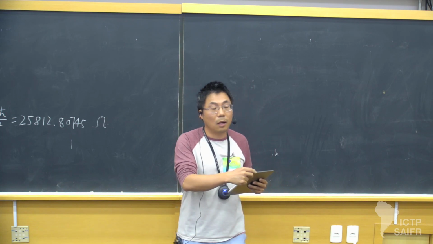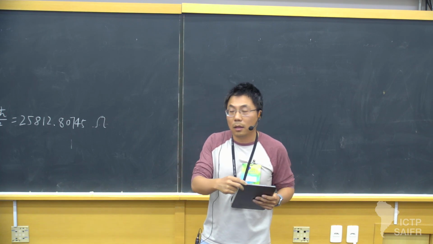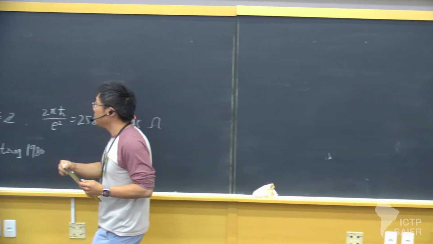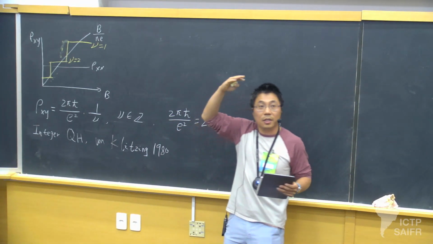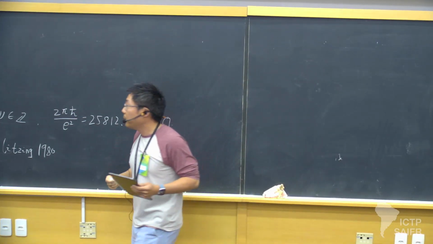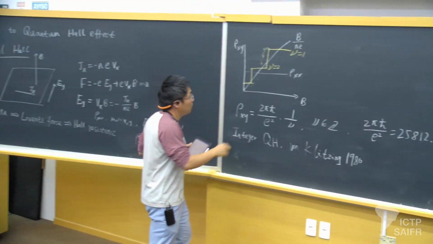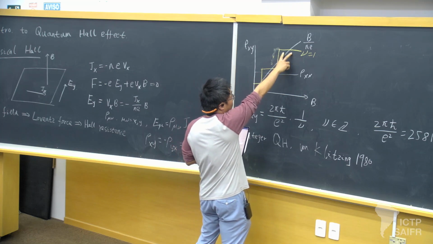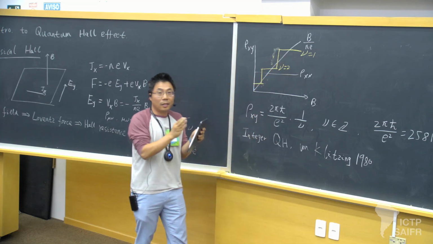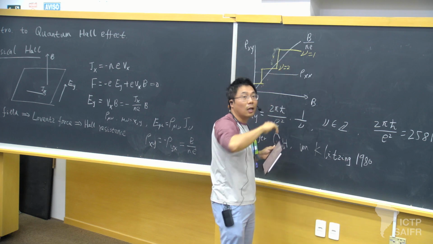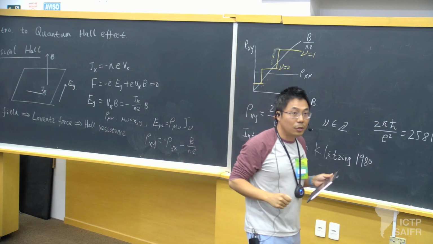So the question is, what happens if I increase the temperature, right? What will happen is that you will see these plateaus become narrower and narrower, and eventually you will just recover this classical regime.